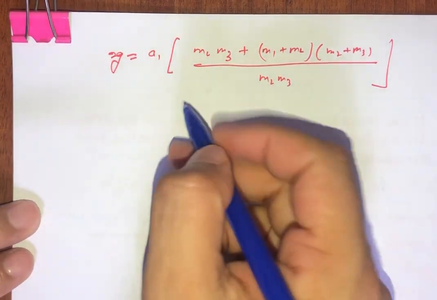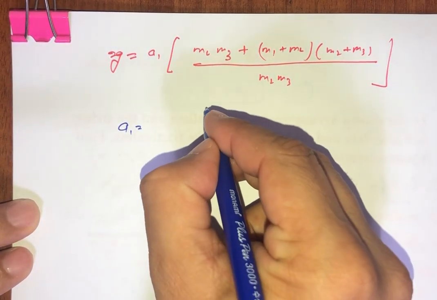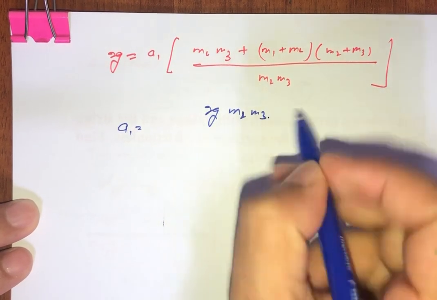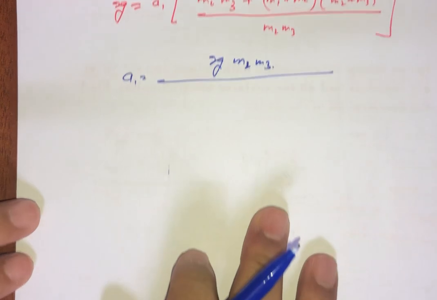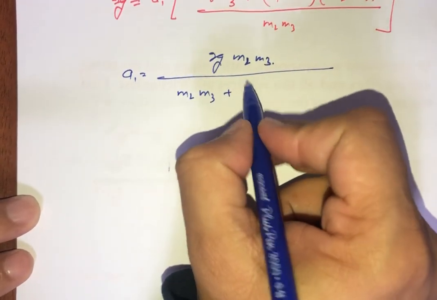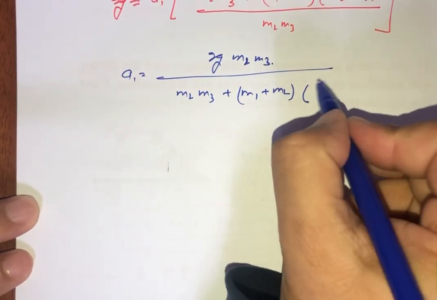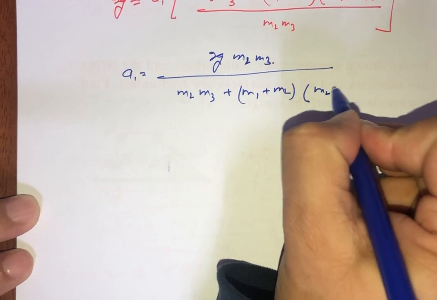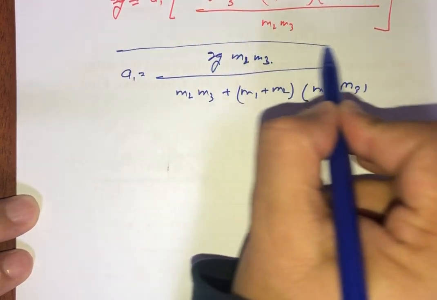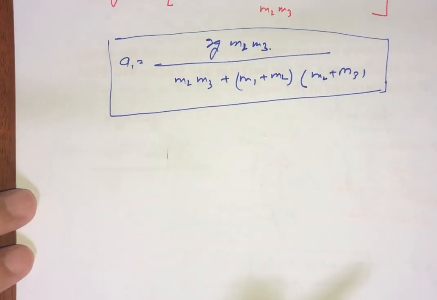So the acceleration a1 will be coming as 2g m2 m3 divided by m2 m3 plus (m1 plus m2) multiplied by (m2 plus m3). So this is the acceleration of mass m1, okay, which was required.